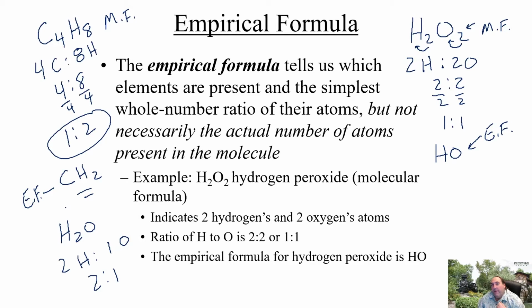So there are certain compounds where both the molecular formula and the empirical formula are the same, because frankly, you can't go any lower or reduce them down any lower and still get a whole number. So you can't have a decimal number down here in any of these things. They have to be whole numbers. So you can't have half an atom present or anything like that.